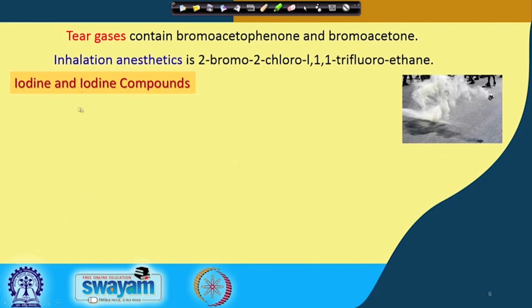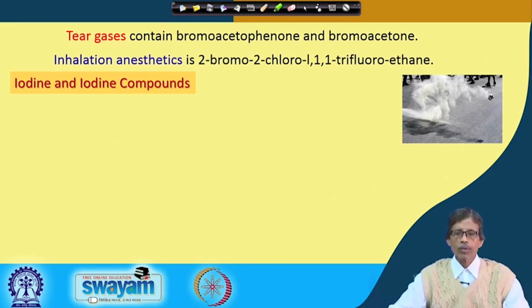That means the third element is iodine and iodine compounds. When we talk about iodine and iodine compounds, they are completely different, if we have a little experience of what an iodine compound is. We have fluorine as a gas, bromine as a liquid, but iodine at room temperature in laboratory conditions is present in solid form.